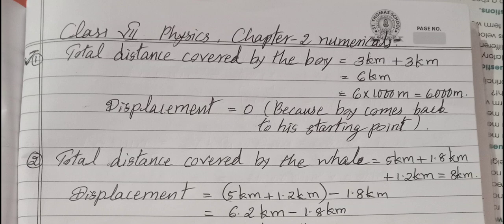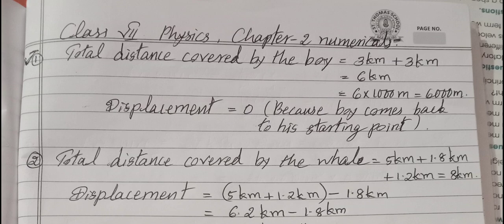Total distance covered by the boy: for going he took 3 kilometers, again for coming back another 3 kilometers. Therefore, the total distance covered by the boy equals 3 kilometers plus 3 kilometers, equal to 6 kilometers.